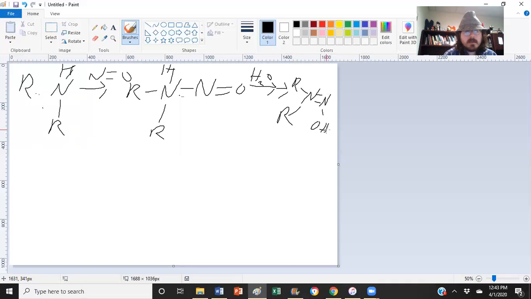We cannot get to the nitrosium, the diazonium, because we don't have any more hydrogens to remove. So this diazonation will only work with primary amines, and it will not even start at all with, I mean, you can't get past this step if it's a tertiary amine.